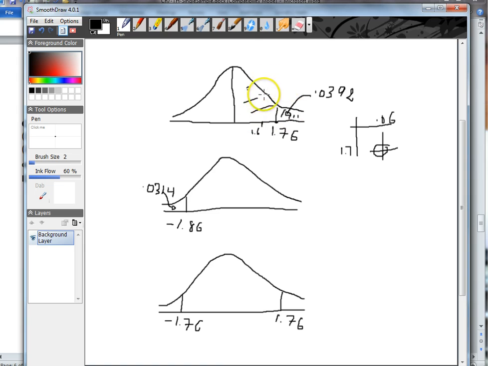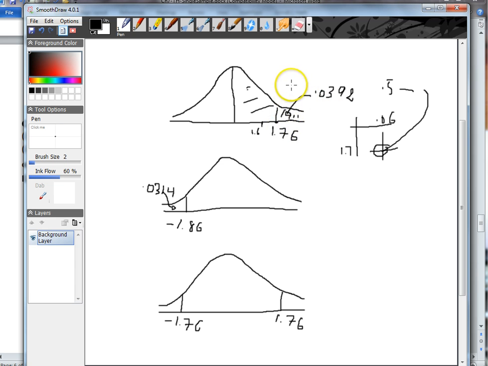I take 0.5 minus whatever area I find, and that would give me this area in the upper tail, 0.0392. Please pause the video, go to your Z table, check to make sure that's what you have, and come back.